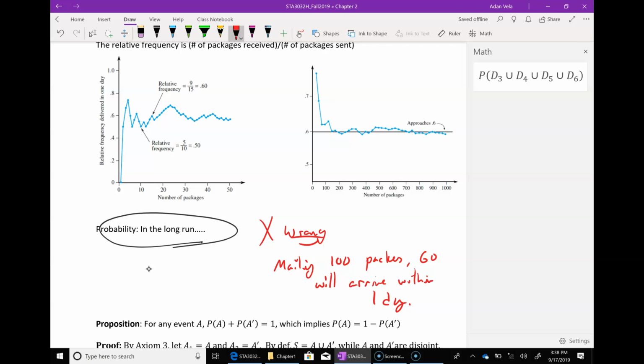Now, it gets a little bit weird because a lot of times we assign probabilities without really being able to run an experiment for the long term. So what's the probability that you get an A in this class? I don't know. It's not like we can run that experiment 100 times.